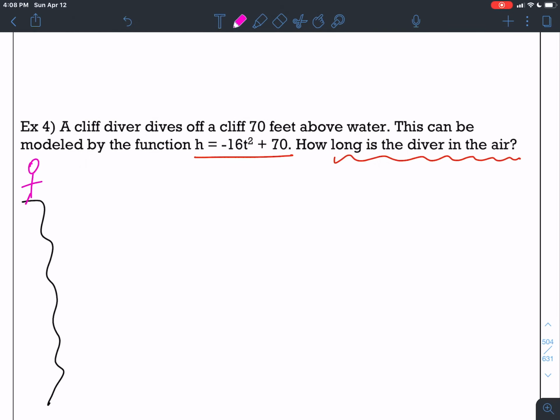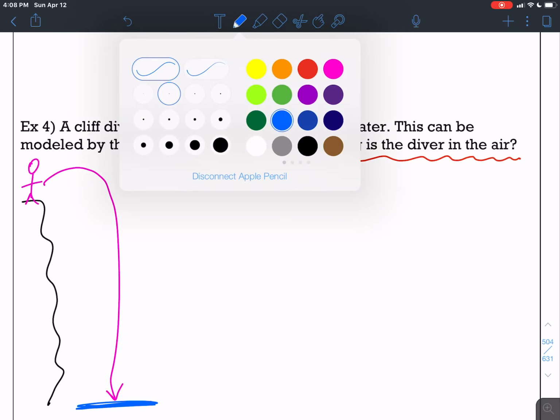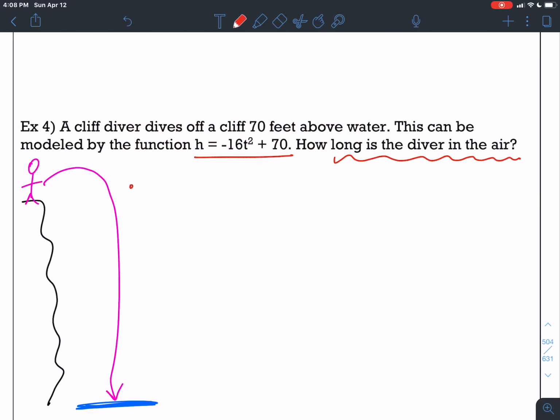I have somebody standing on it, and they're going to dive until they get to the very bottom. Right here, they're at 70 feet. Here, because they're at the bottom, they're at 0 feet. So that means h equals 0. So 0 equals negative 16t squared plus 70.